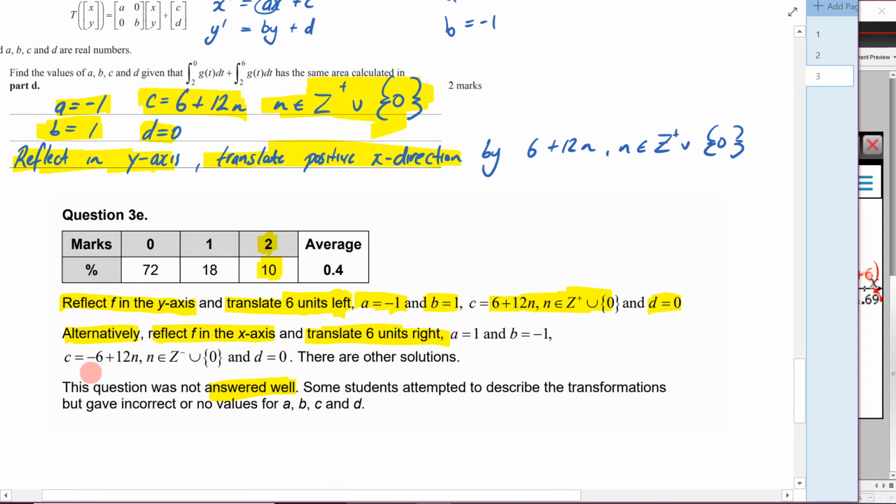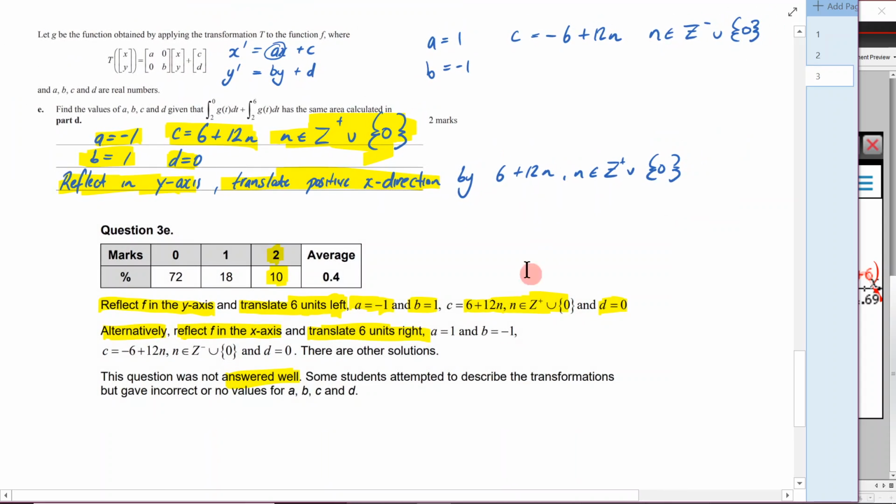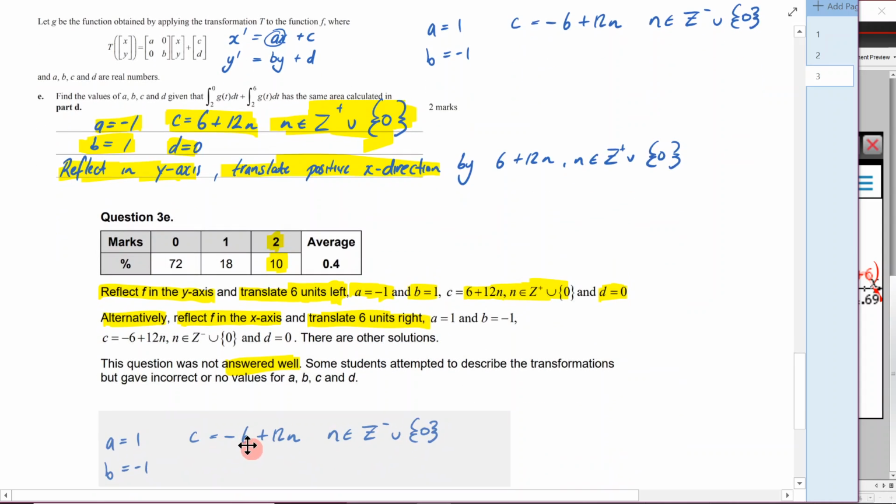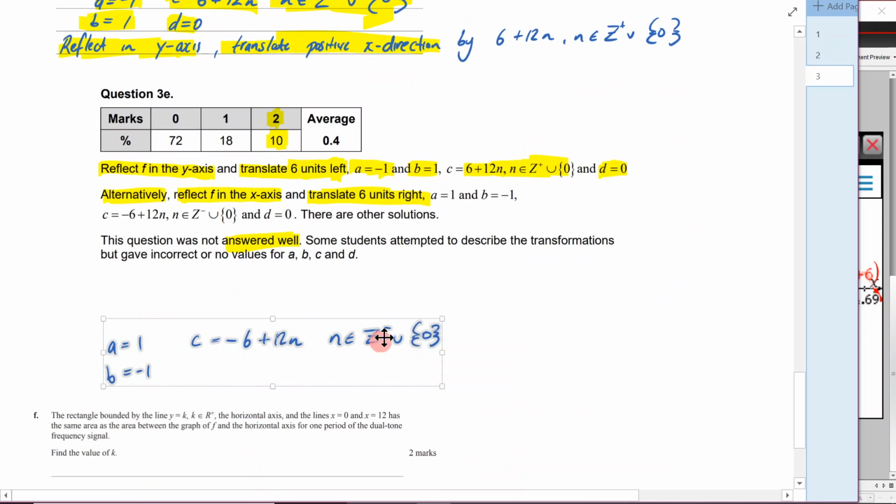So, sorry, let me come here. Let me put this down the bottom so we can look at it all at the same time. And let me just write down that this is an alternative way. In this alternative way, we are reflecting in x, then we are translating in the negative x direction.